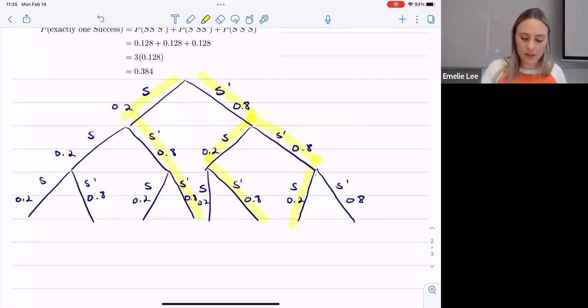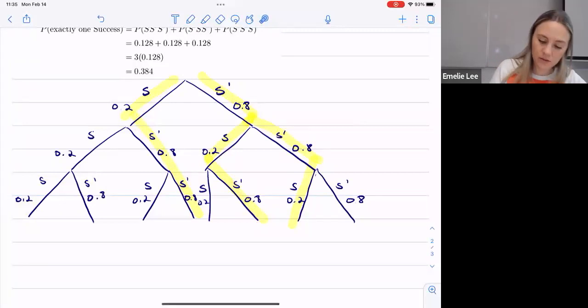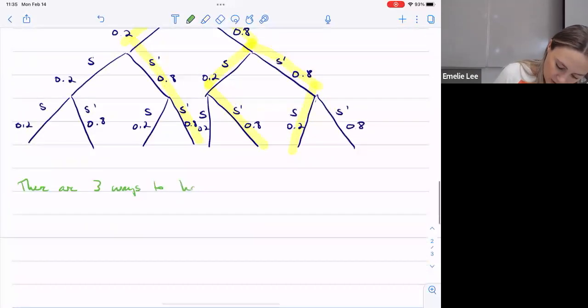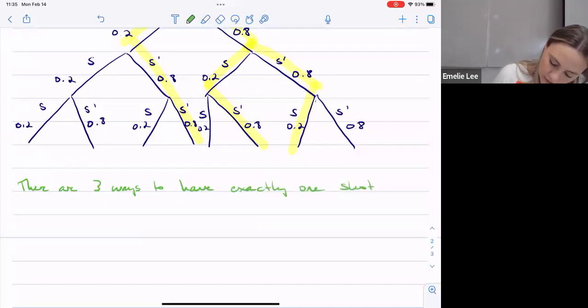So here I have 3 different ways that I can have exactly 1 shot go in.